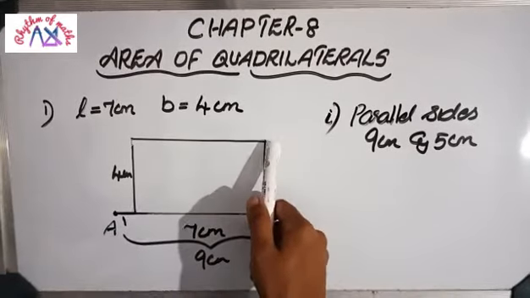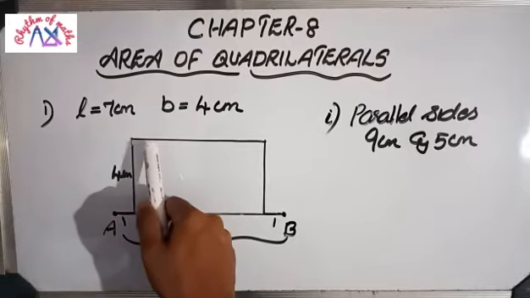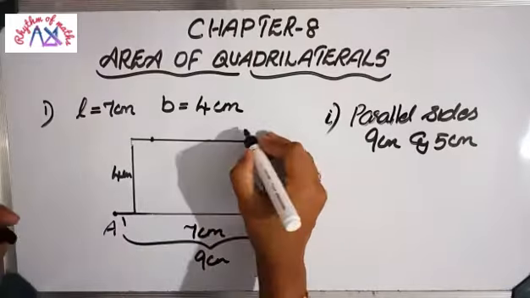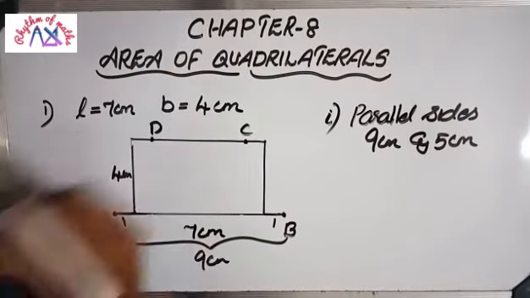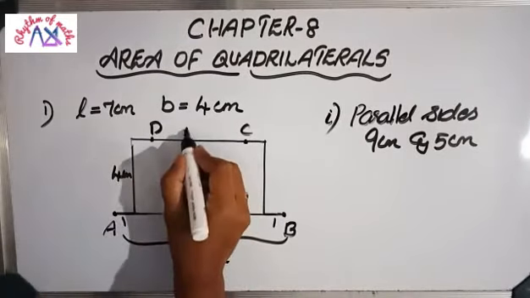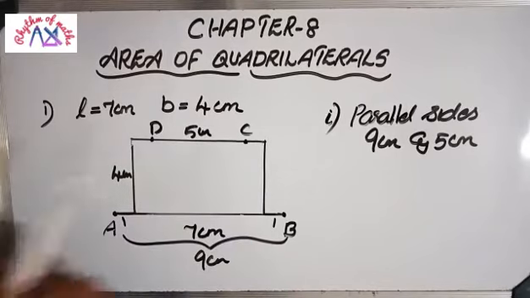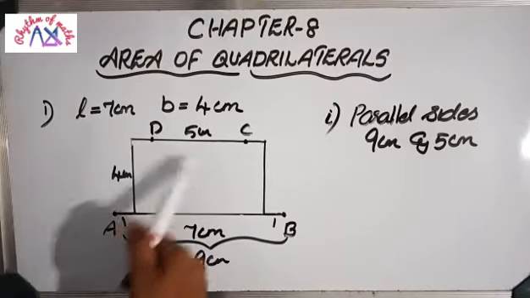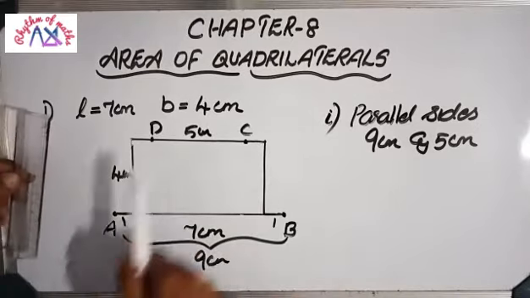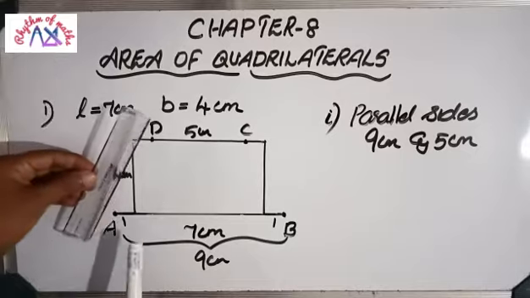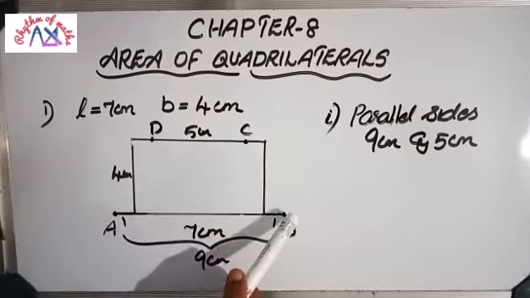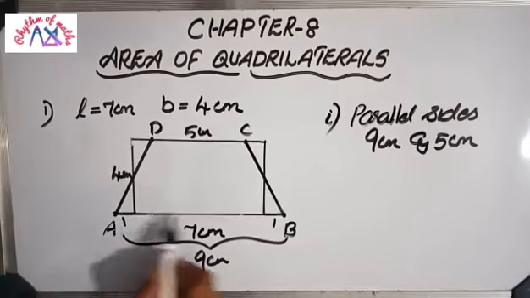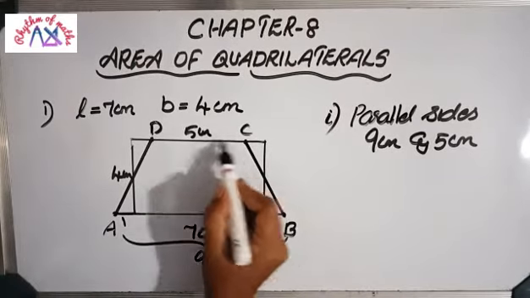So from here 1 centimeter and from here also 1 centimeter, and put the points as C and D. So CD will be 5 centimeters because 7 minus 1 is 6, 6 minus 1, total 5. Now to get the trapezium, just join A to D and C to B like this. So this is the trapezium A, B, C, D.